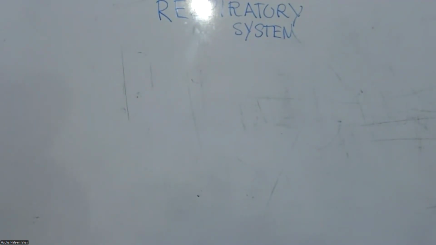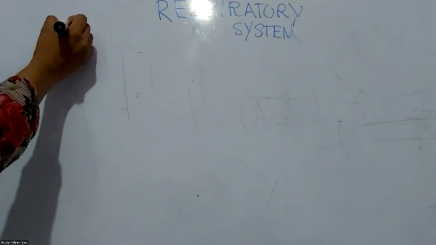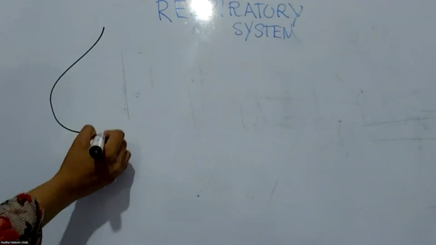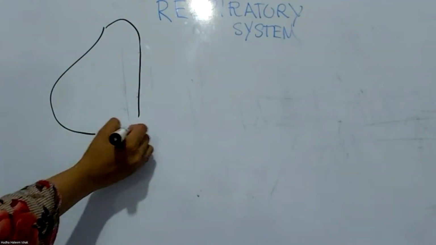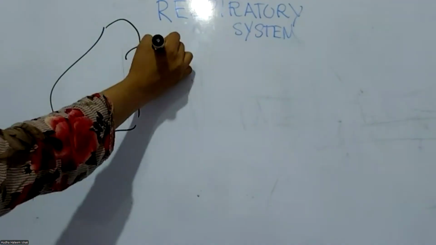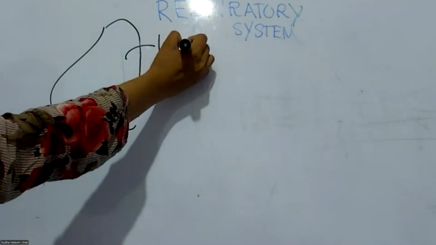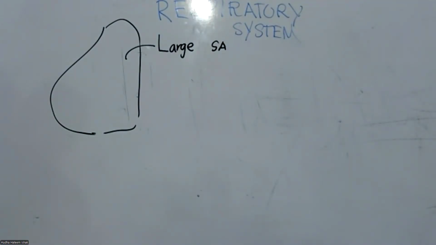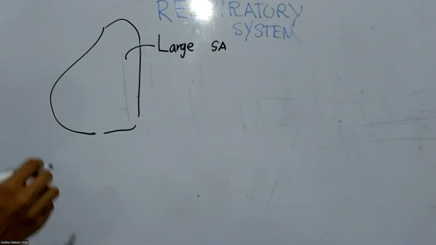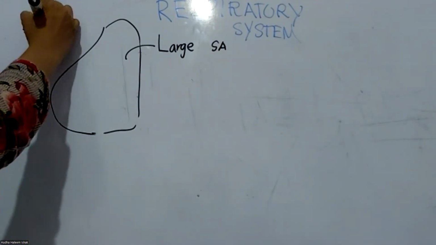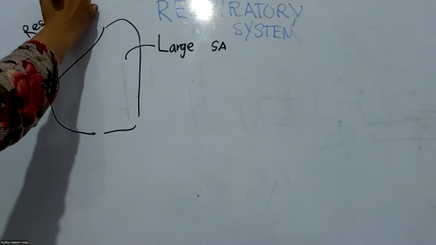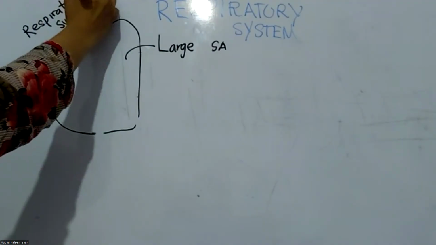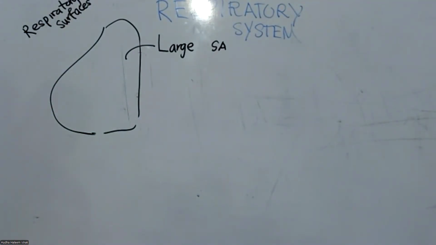Initially, these respiratory surfaces should be very large. Imagine if this is the lungs, this lung should have a very large surface area. These are the characters of respiratory surfaces.